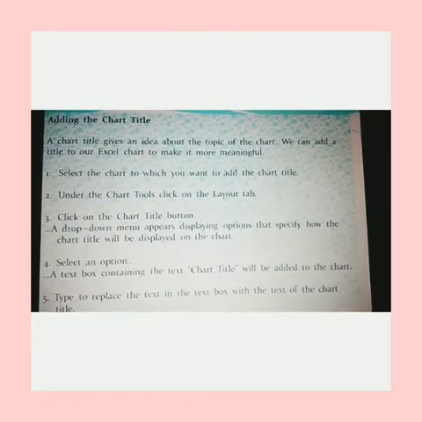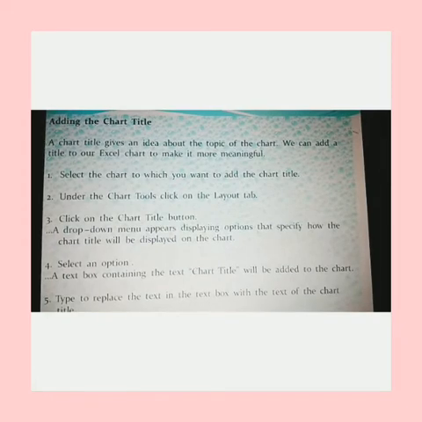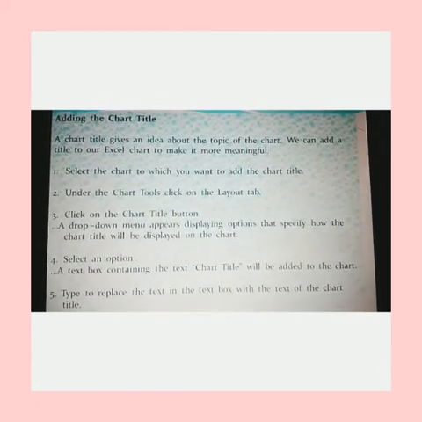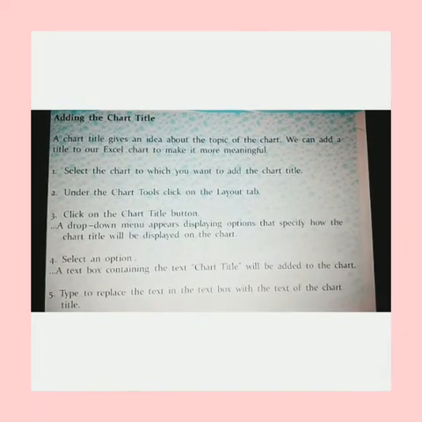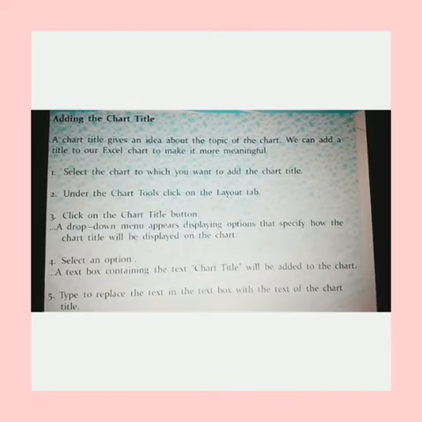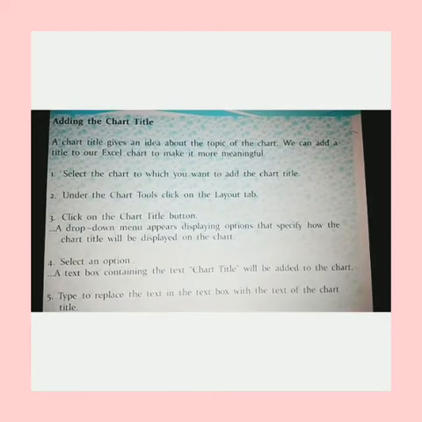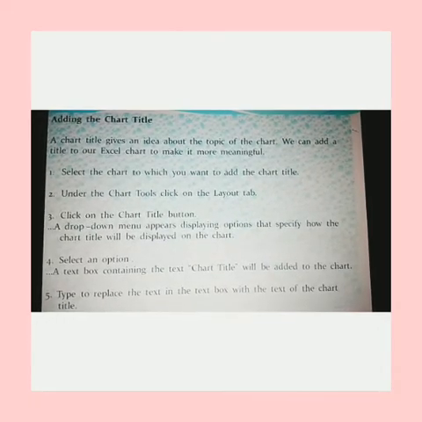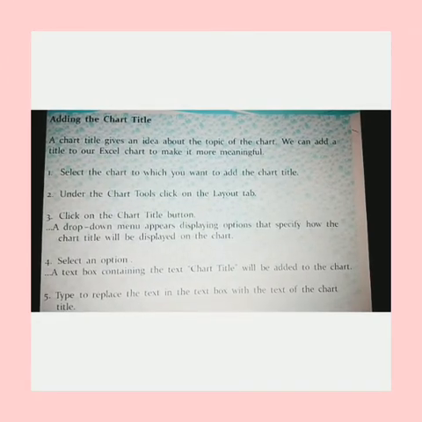Okay, second, under Chart Tools, click on the Layout tab. Which option, students? Layout tab. And click on the Chart Title button. Third is to click on the Chart Title button. Then a drop-down menu appears displaying options that specify how the chart title will be displayed on the chart.